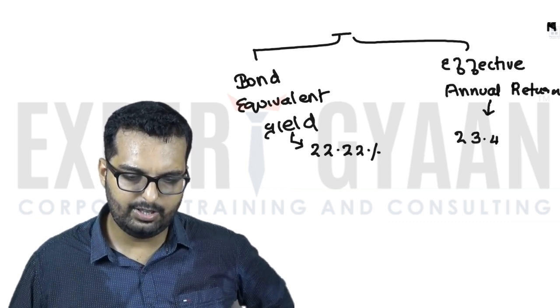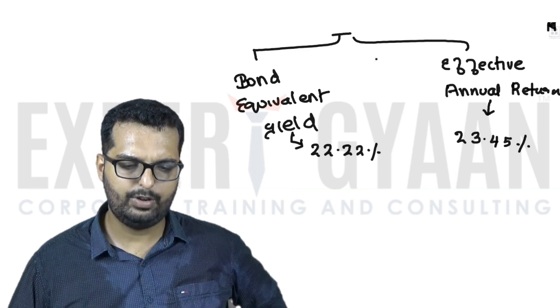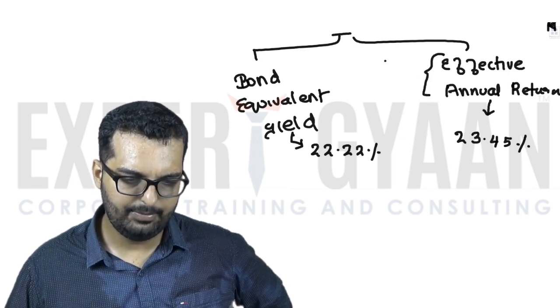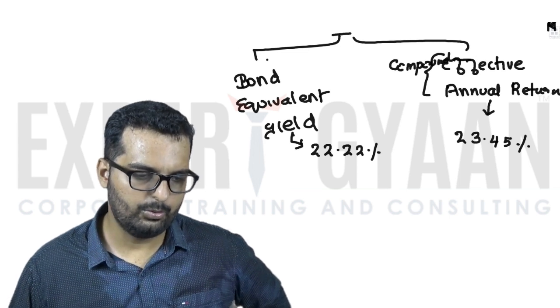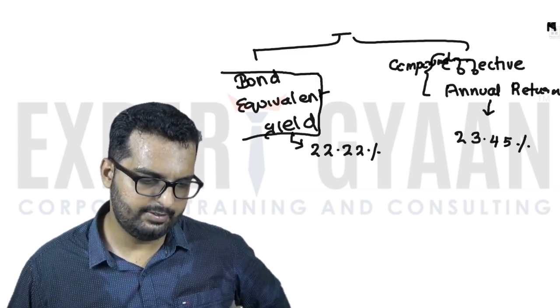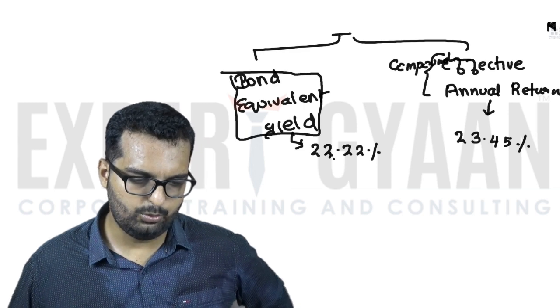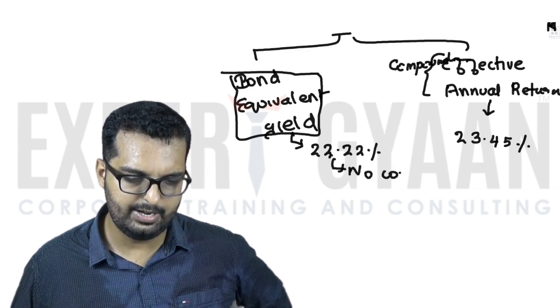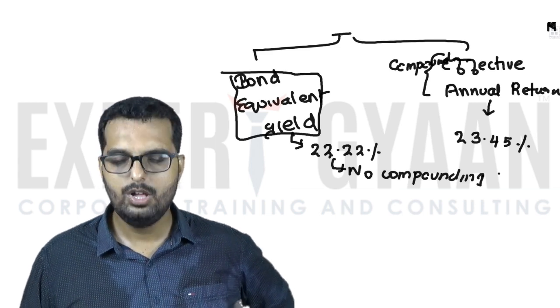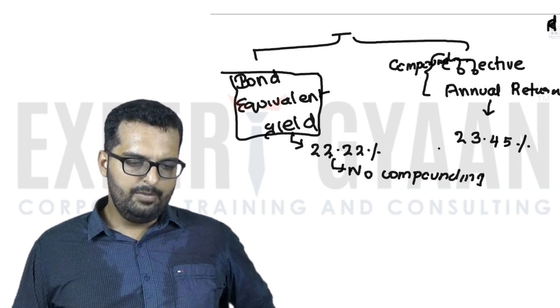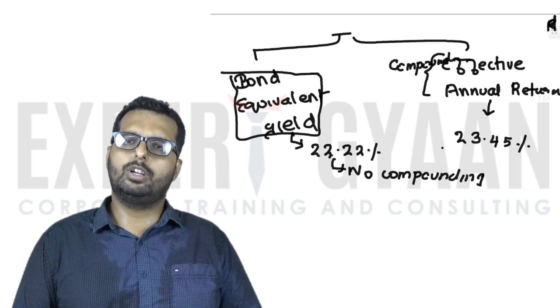For effective annual return, I got the answer as approximately 23.45 percentage. The reason is this was done using compounding, whereas for this 22.22 percentage we had no compounding. Alright friends, I hope you are clear now.